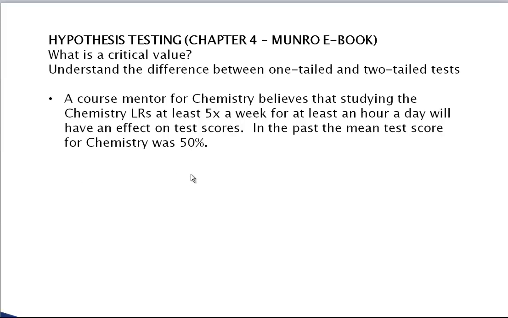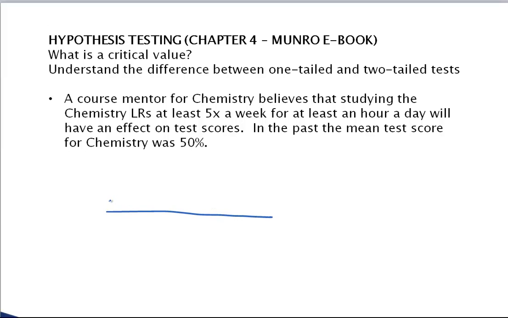And then here, now here we would have actually two critical values on this, because we're just seeing if it has an effect on test scores. Studying has an effect.